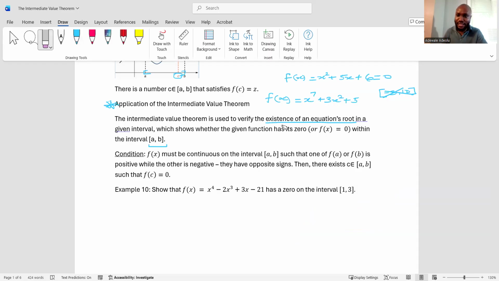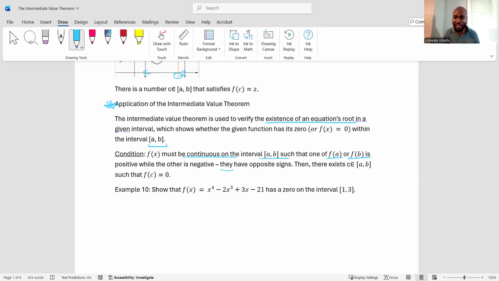Okay, having said that, let us go into how we can use IVT. So the condition: f of x must be continuous, like I said, on a closed and bounded interval, such that one of f of a or f of b is positive, while the other is negative. That is, they have opposite signs.